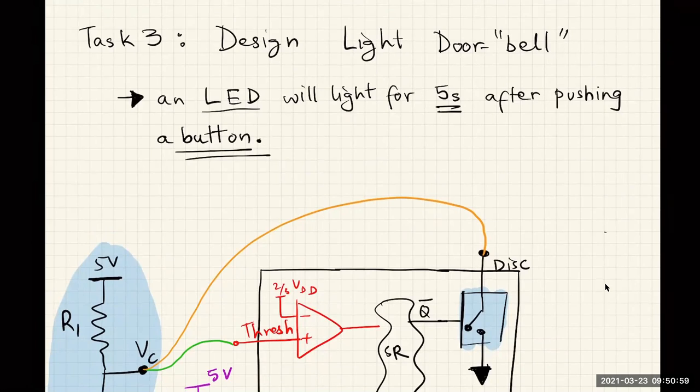Basically, the idea is to design a doorbell-like light, which stays lit for 5 seconds after pushing a button. It's meant to be for the hearing impaired. Instead of a bell, you have a big flashing light that goes on every time someone presses the button at the entrance. So that's the idea behind this circuit.